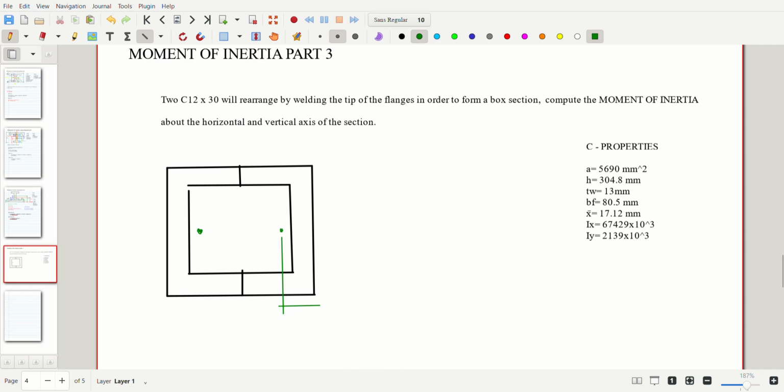Ingon diri. Siya ang x bar which is 17.12 mm. So same yan po ni 17.12 yapon siya. Ini boundary is 17.12.